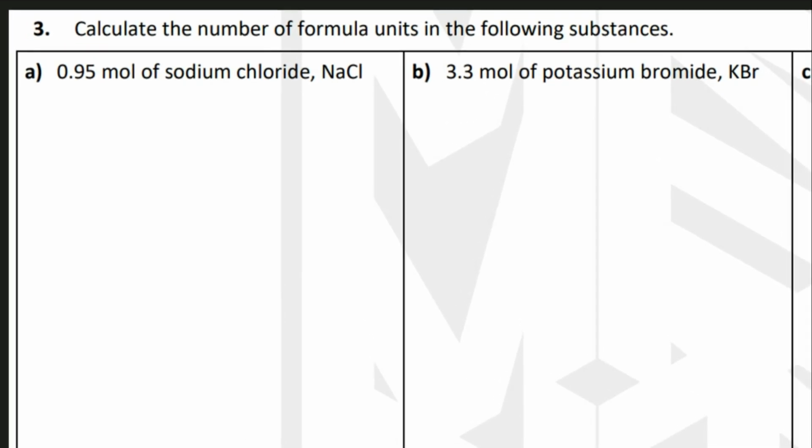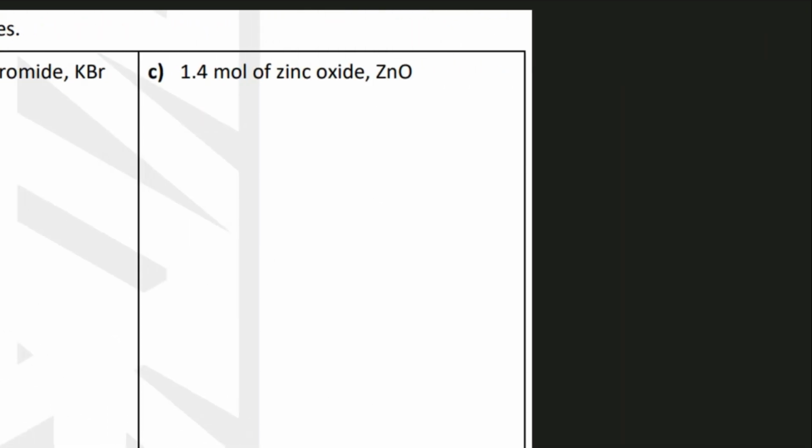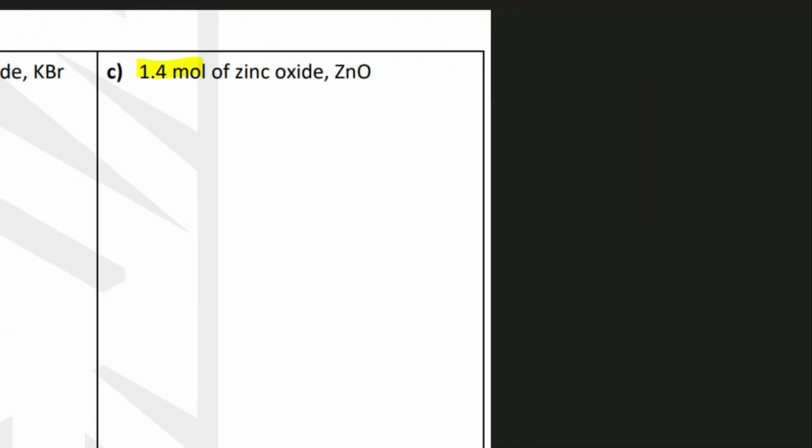Calculate the number of formula units in the following substances. Let's look at 1.4 moles of zinc oxide. How many formula units of zinc oxide are there in 1.4 moles? Again, the relationship is number of moles is number of formula units divided by Avogadro's constant.